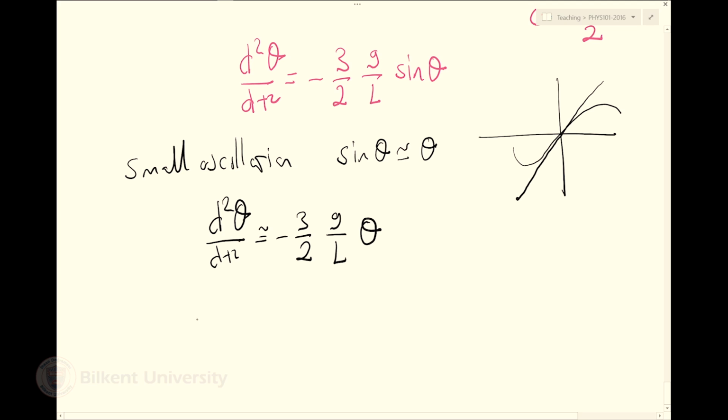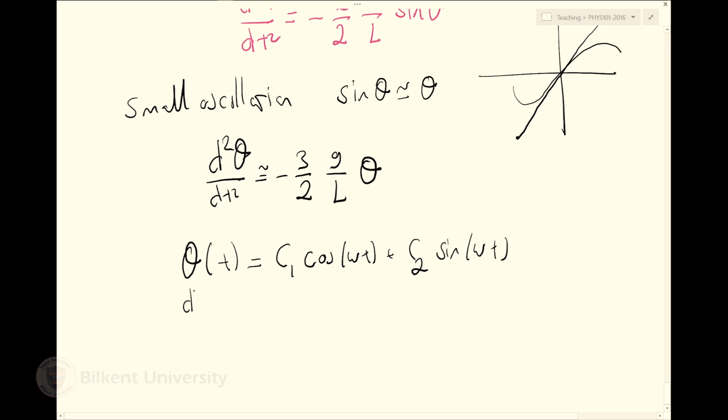solve. I know that if I have this form, theta of t is going to be C1 cosine omega t plus C2 sine omega t. And if I take two time derivatives, I'll just get minus omega squared theta of t.